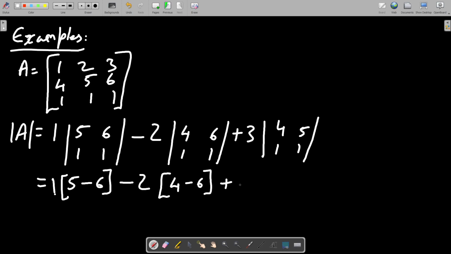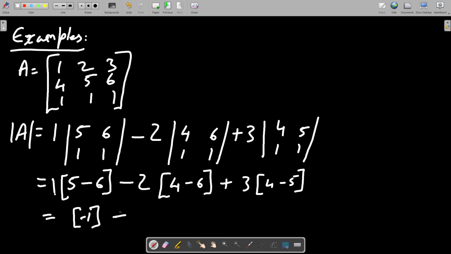So 4 into 1, 6 minus 6 into 1, this is going to become 3 times 4 into 1, 5 minus 5 into 1, so 4 minus 5. Okay, so let us write down these numbers. This is going to become minus 1.